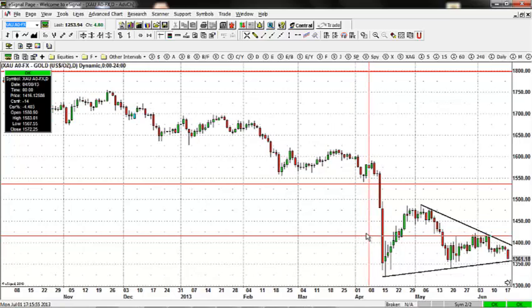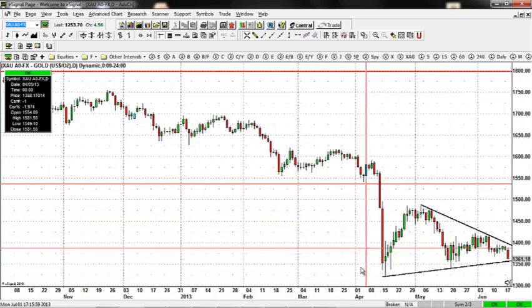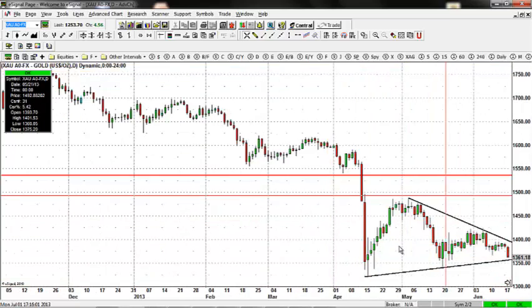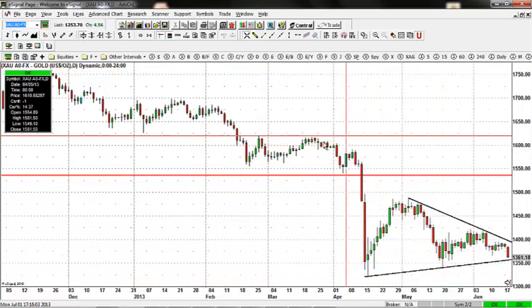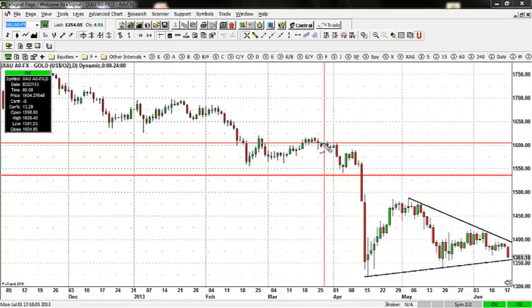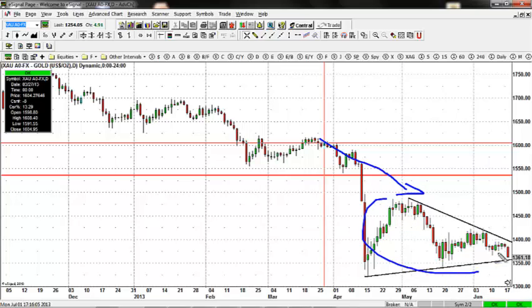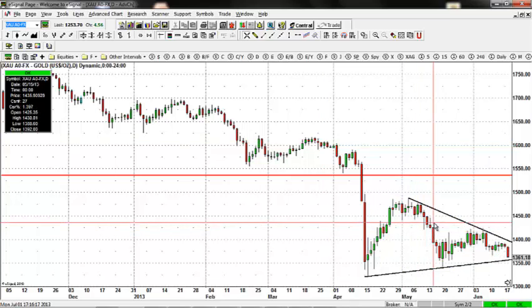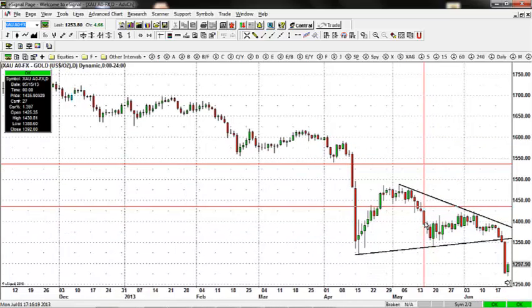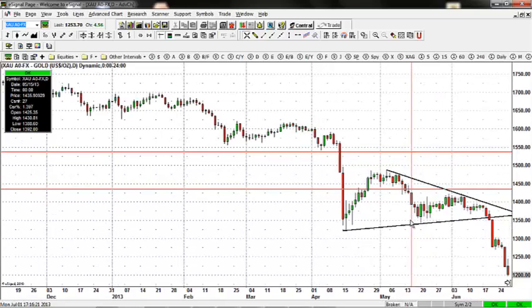So just to recap, once you see a triangle in a downtrend like this, as you can clearly see, this trend is down, and then the market entered this consolidation pattern by this triangle and resumed. Once the triangle was broken, it resumed its move downwards.